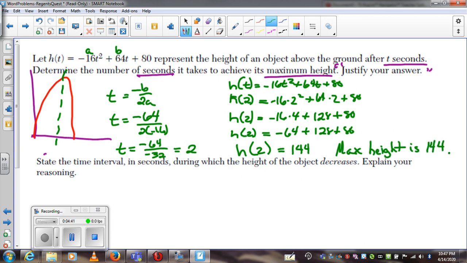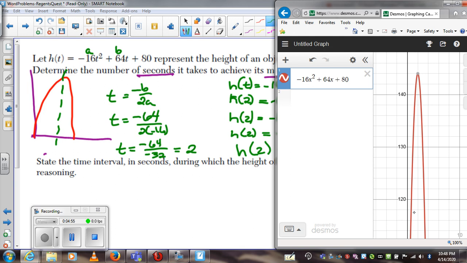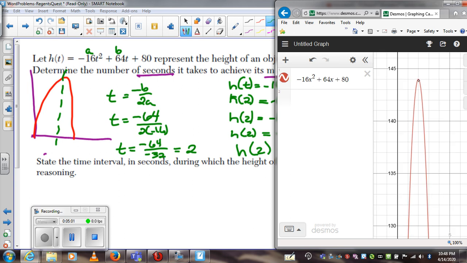Okay, state the time interval in seconds during which the height of the object decreases. Okay, well that's good to know. If I go back to my graph, I want to know when this thing starts decreasing. Well, it's going to start decreasing right here.